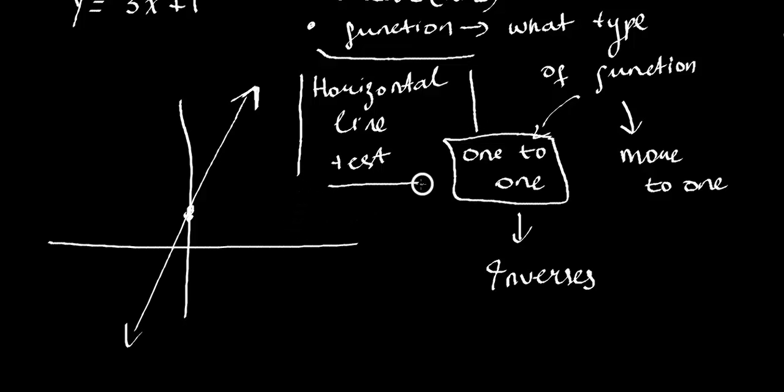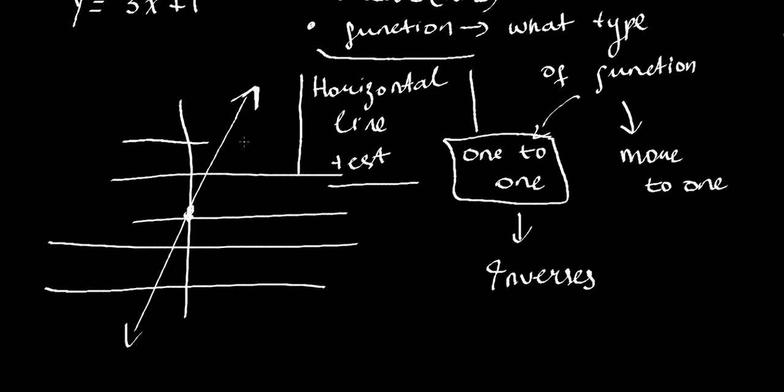You just have to draw a horizontal line along your function. You can make 1, 2, 3, 4, or an infinite amount, but there's a reasoning to this. Let me draw some straight horizontal lines across my function.